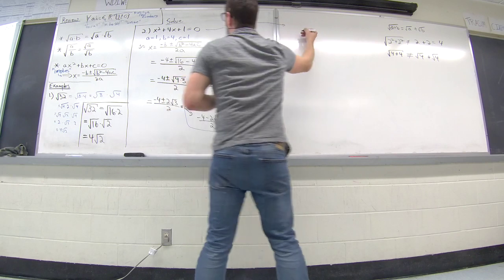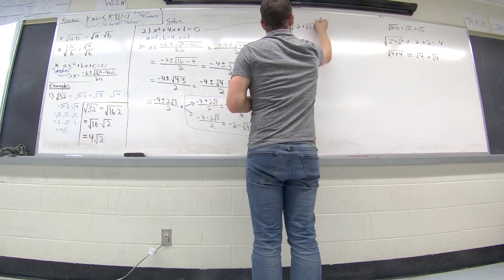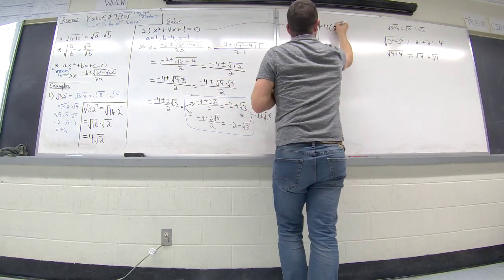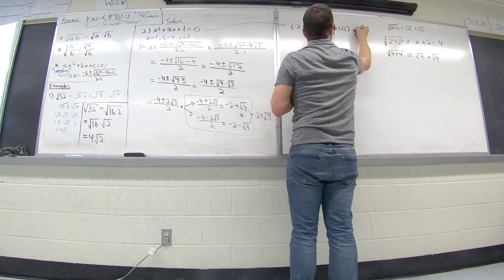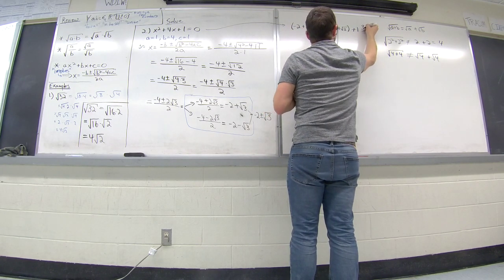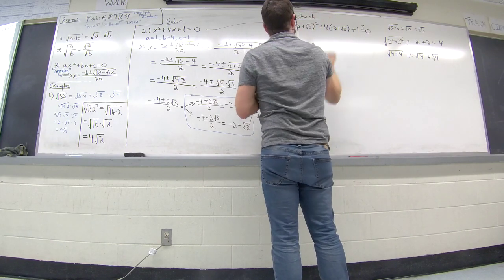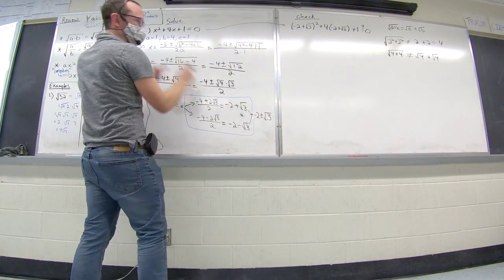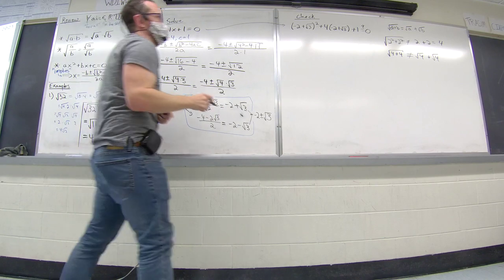So I should be able to plug -2 plus root 3 in, squared, plus 4 times -2 plus root 3 plus 1, and I should get 0, right? This is my check. I'm taking this value that I got for x, and I'm plugging it in for x to see if it actually did solve this equation.